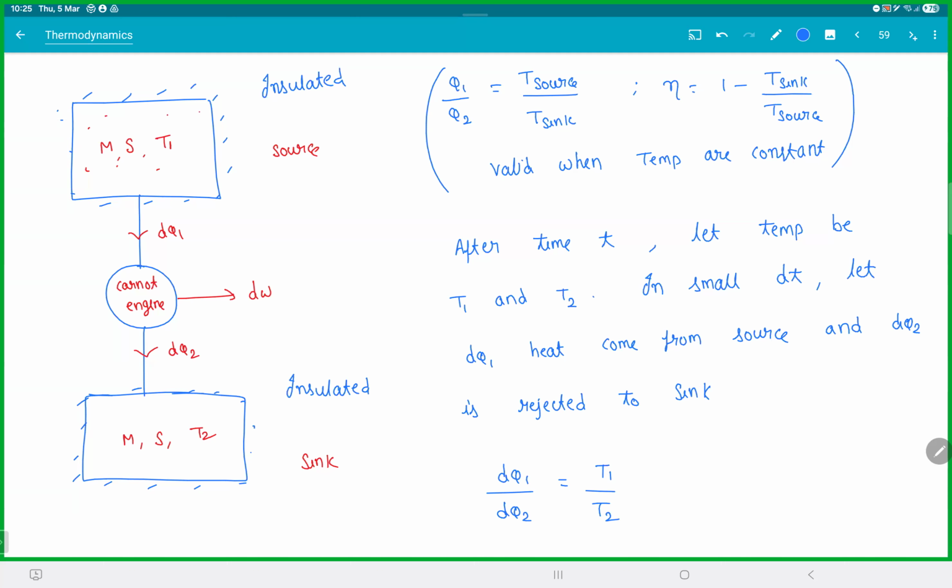This is valid. And we also know dq1 is equal to minus ms dT1. If you remove heat, the temperature will decrease by dT1, and the minus is there because T1 decreases.